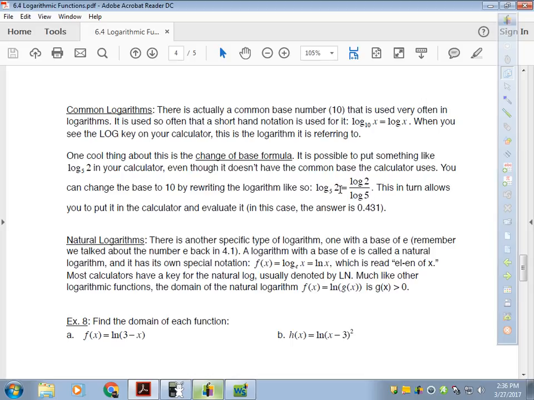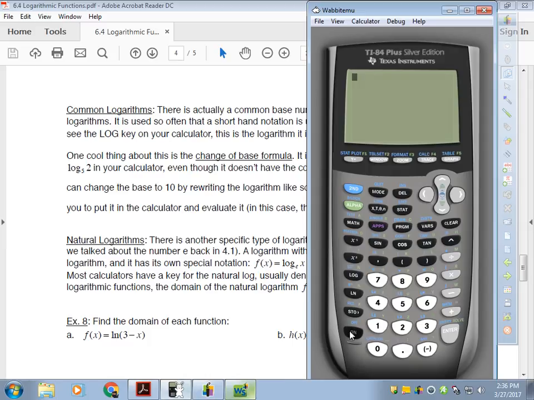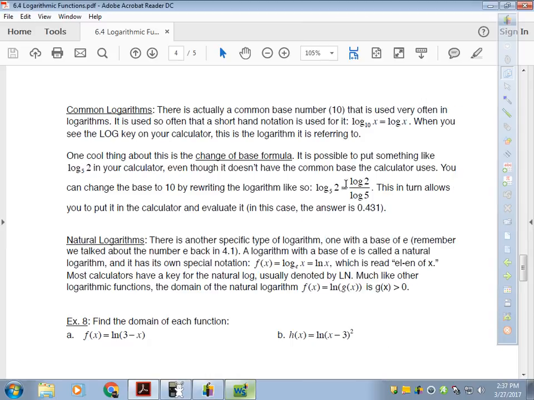Basically log of the number inside over log of the base. And those are both in base 10. I can just go to my calculator and do log of 2 divided by log of 5, and there's my answer. That would be the same thing I would get if I did log base 5 of 2. So that's a cool thing for calculators: you have this formula called change of base, which allows you to change it into base 10 and actually put it in your calculator.